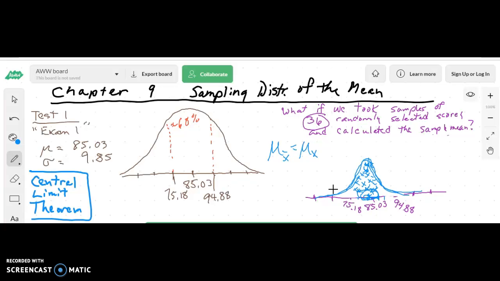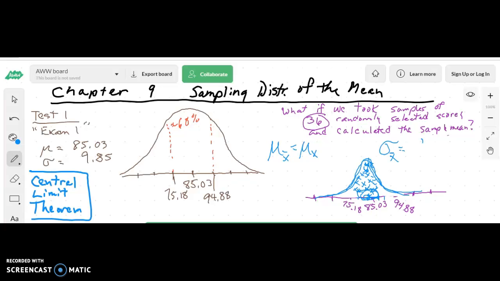The second part is this. What about the standard deviation of this? The standard deviation of the sample means, which is symbolized with the lowercase Greek sigma, the little pigtail look, of the sample means. So this x bar is indicating that I am not finding the standard deviation of each individual point. I'm finding the standard deviation of the averages of groups of 36.